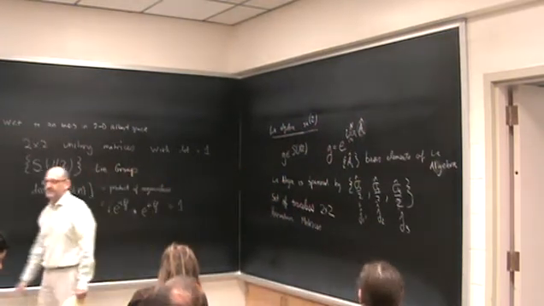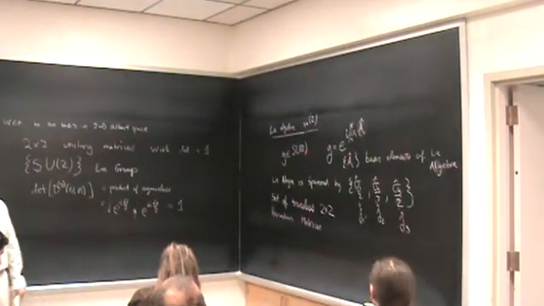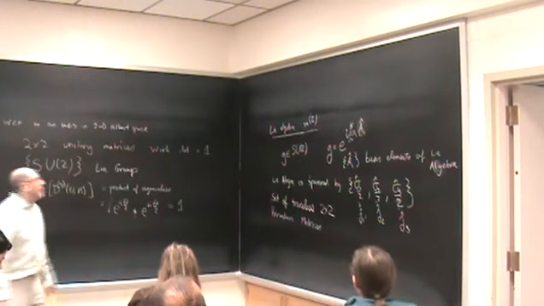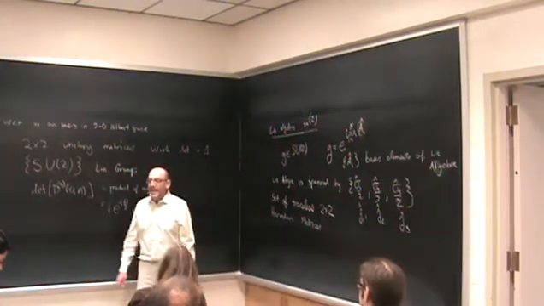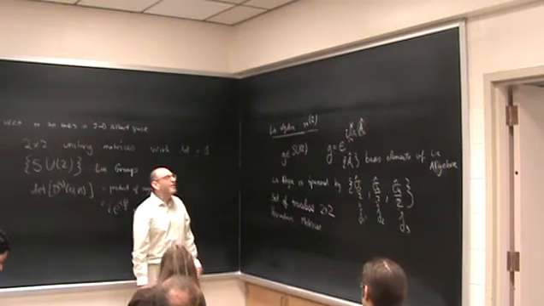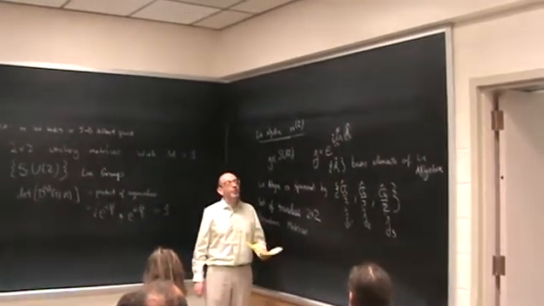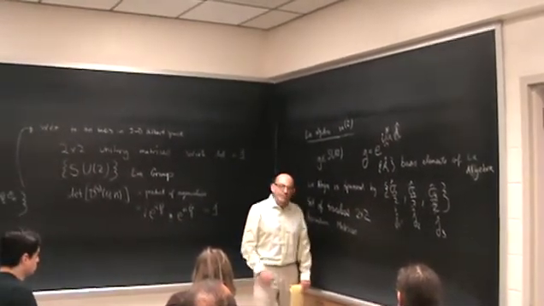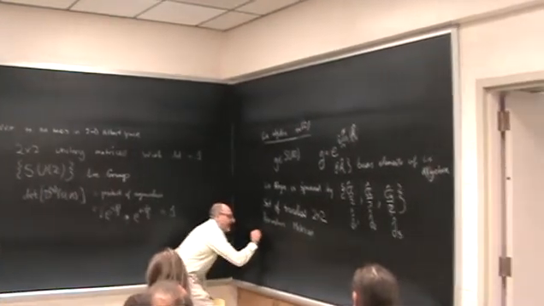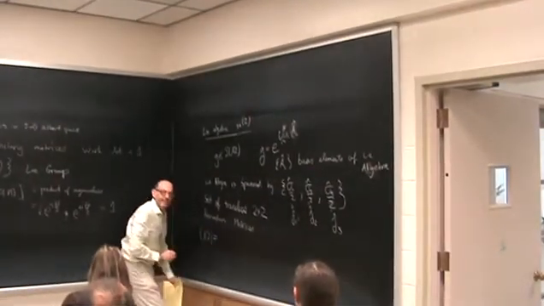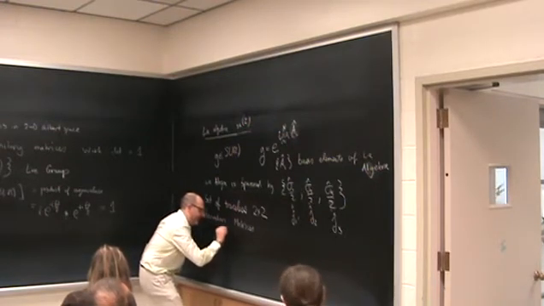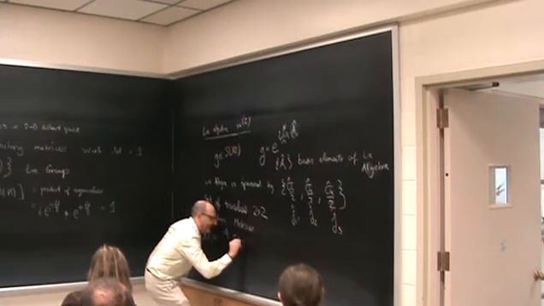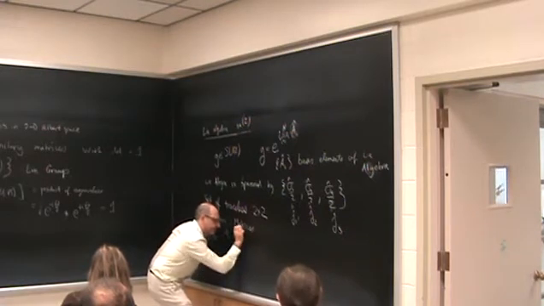There's one that's missing: the identity. That's because it's special. Because if I included the identity, I would have had something whose determinant wasn't 1, right? So we can always write any element of U2 as e to the i phi naught times the identity, times an element of SU2.